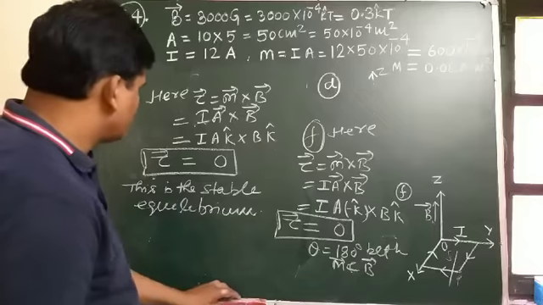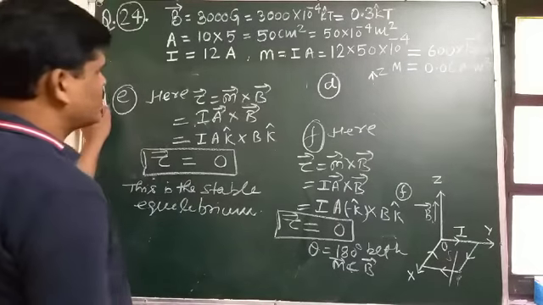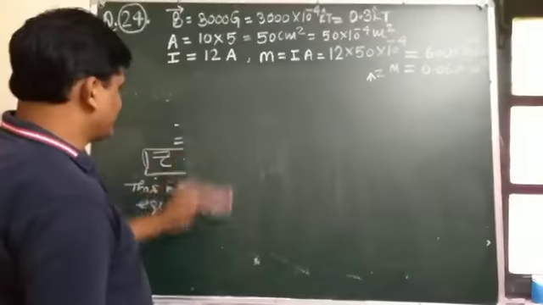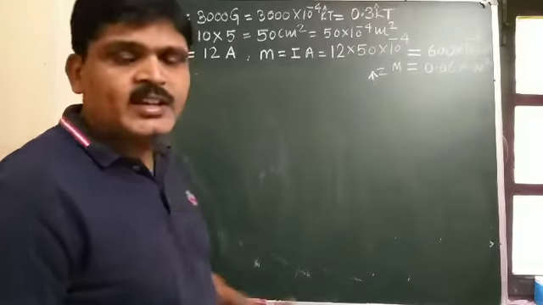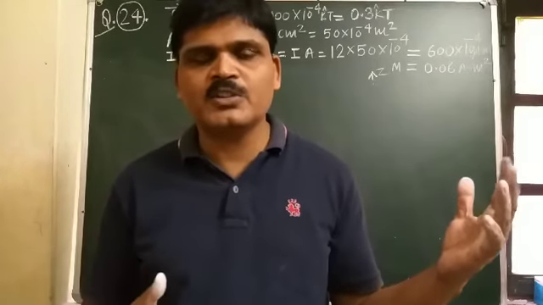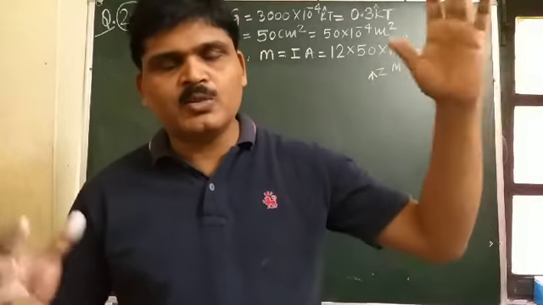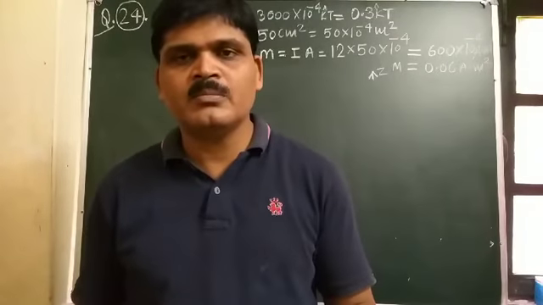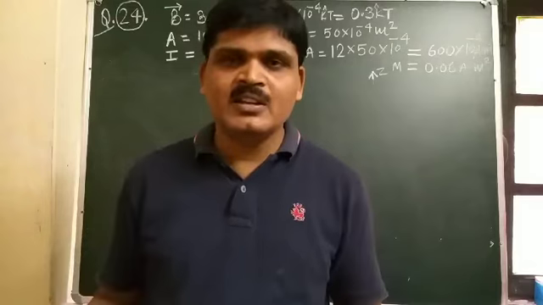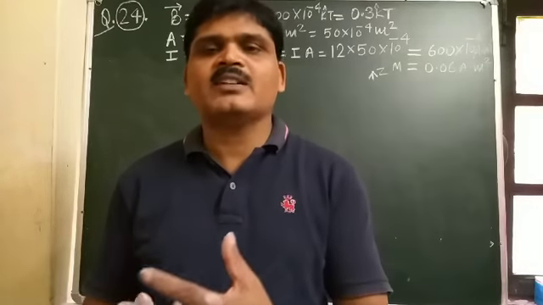And student, the last part is the force acting on each loop. I have already explained to you that when a rectangular current carrying loop is placed into a uniform magnetic field, the net force on the loop is 0, but torque acts on it.